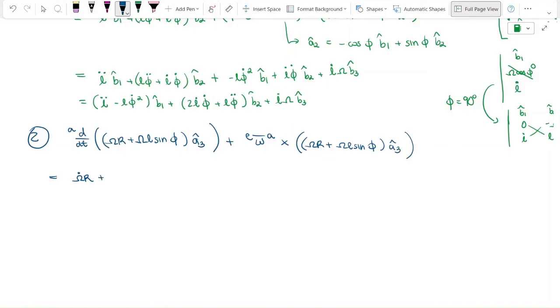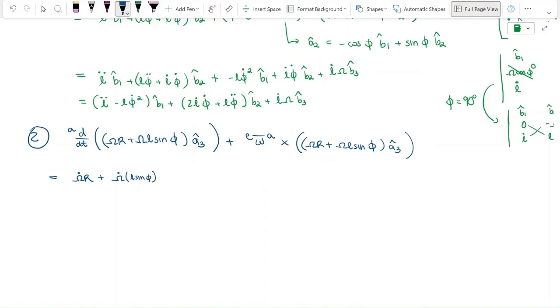Plus, here we need to do a triple product. Wait, how do you do these again? Okay, I think you do this. So you do omega dot times this, right?